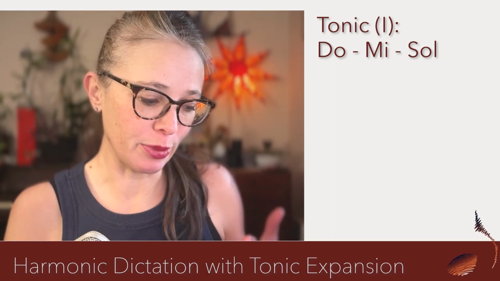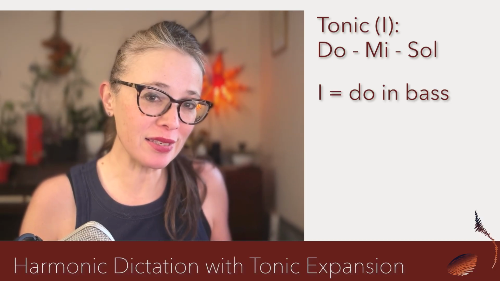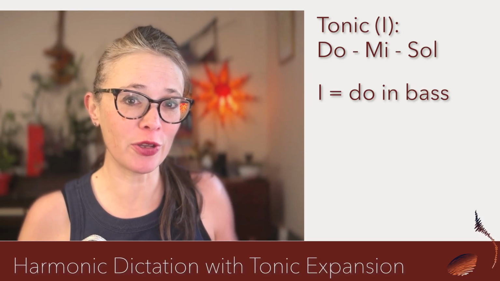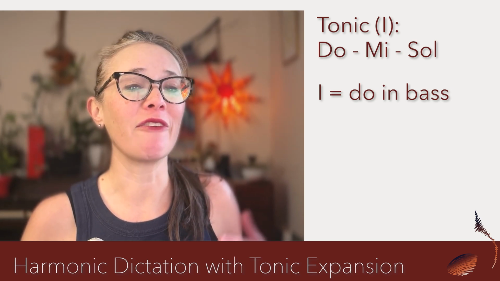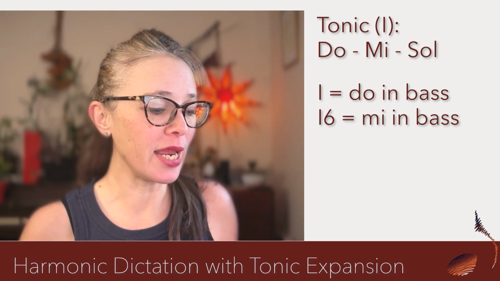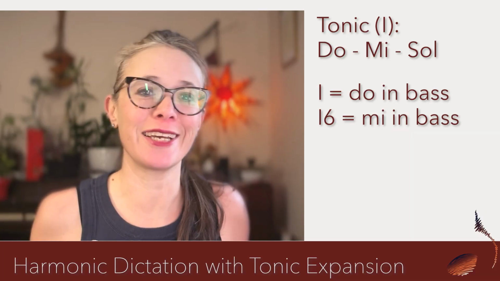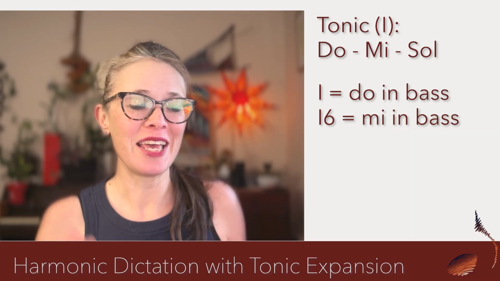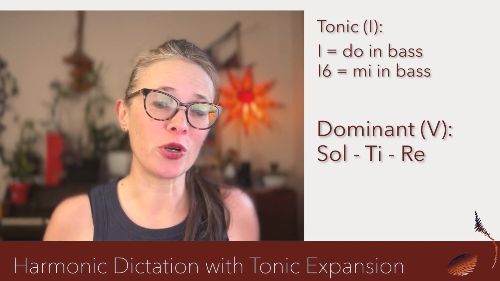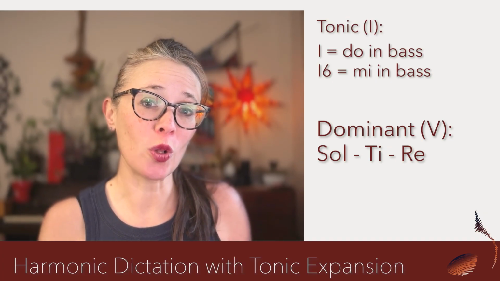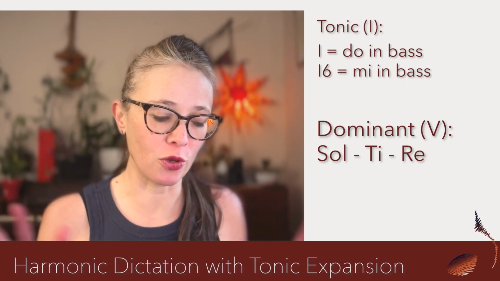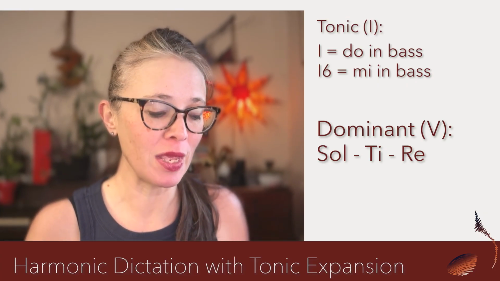And then if we break it down a little bit further, a root position 1 chord is going to have do in the bass, and a first inversion triad, meaning that the third of the chord is in the bass, is going to have mi in the bass.